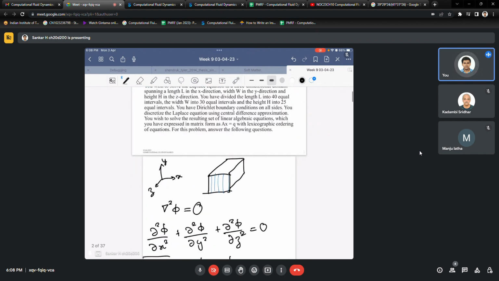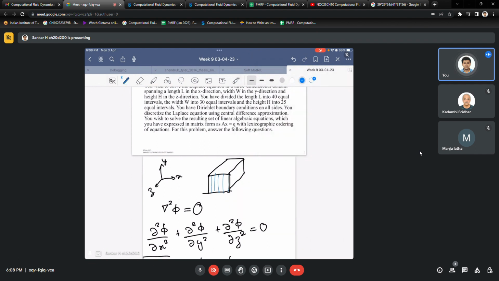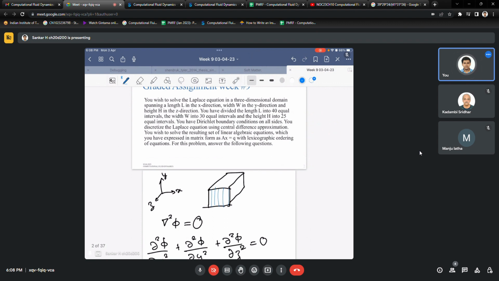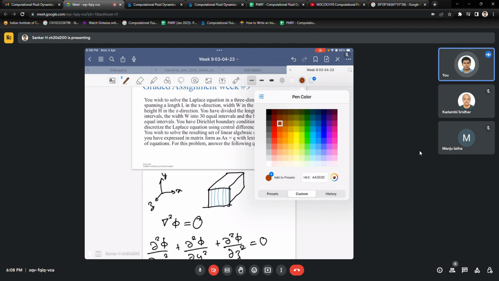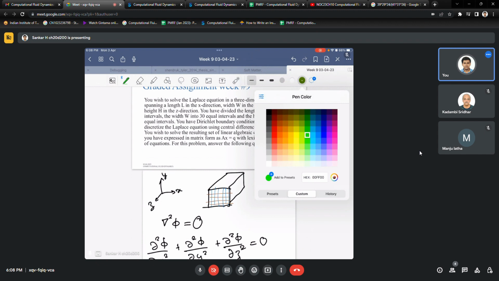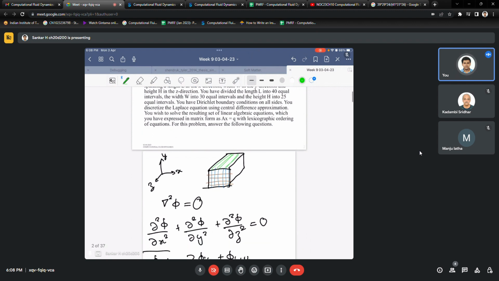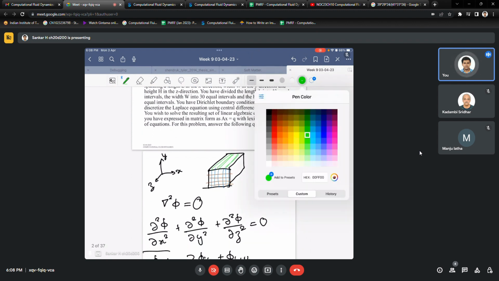So what we have done is basically split the domain into intervals. In the x direction we have split it into 40 equal intervals. We have split the y direction, the width, into 30 intervals, and the z direction into 25 intervals.